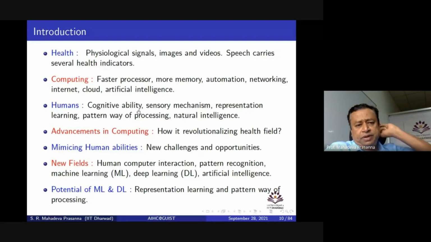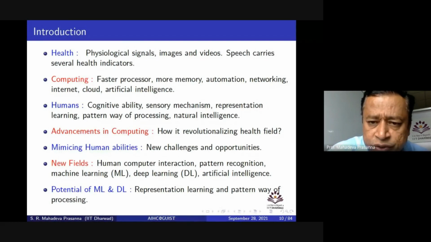When it comes to the health aspect of humans, which is the focus in this session, we monitor and collect various physiological signals, images and videos.